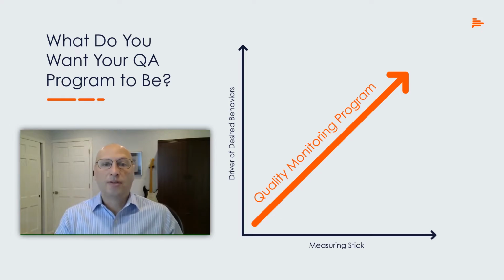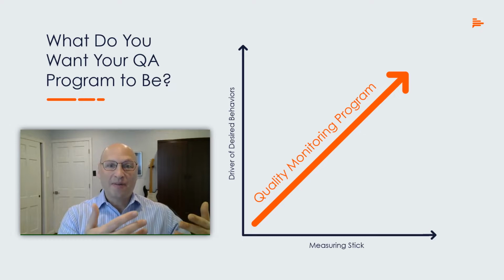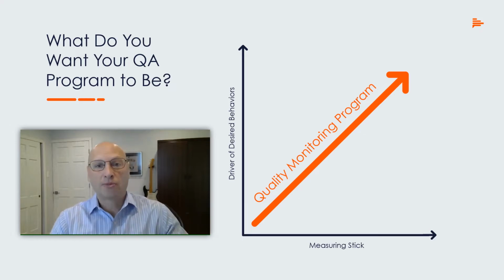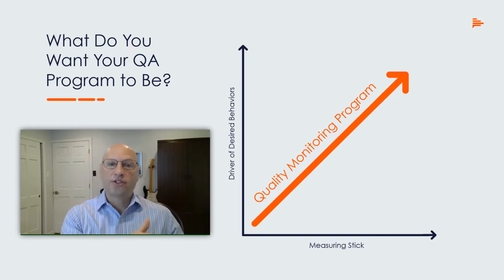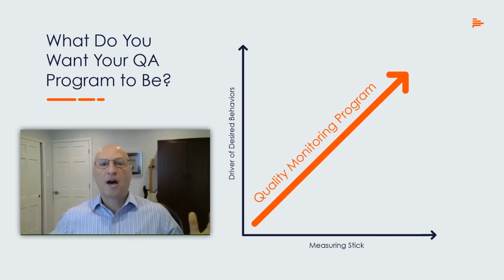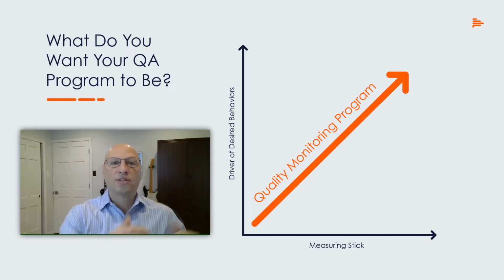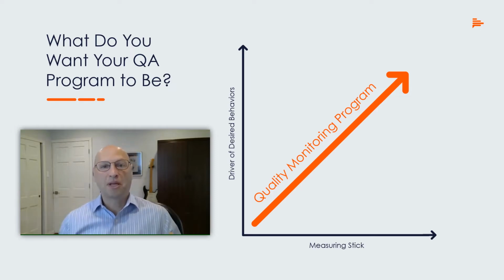Since the CallMiner system is actually scoring 100% of those interactions, you can leverage the 100% tracking and scoring from a coaching perspective, but you can also continue to do random samples and compare how your QA team is scoring an interaction versus how the system is scoring it, and then tweak over time those categories, those definitions, those standards, until you're comfortable with the fact that the system is accurately reflecting the measuring stick piece in the way that you have been doing with your random approach.